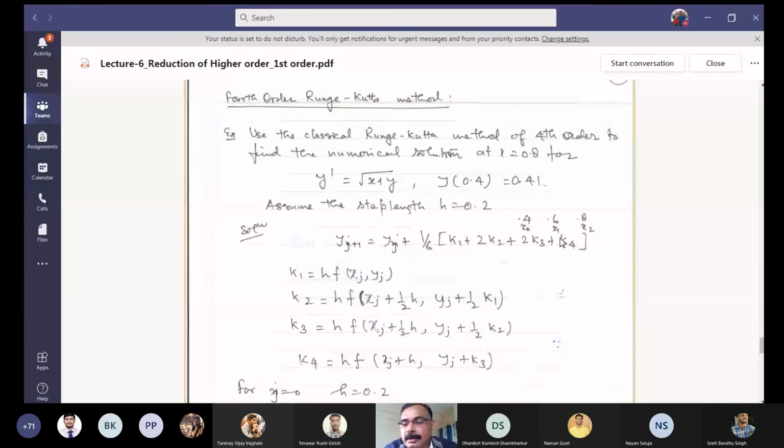Correct. So now you can understand how you have to solve the single equation and then how to solve the system of equations. Any order differential equation can be reduced to a system of first order differential equations.